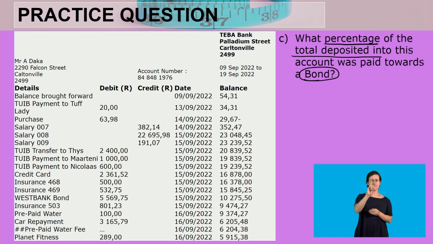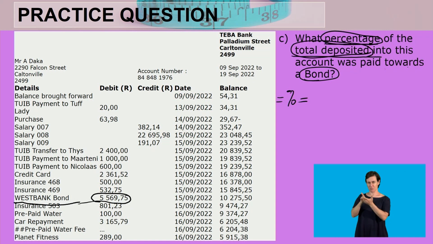So we can see on our statement, it says here West Bank bond. So it means they have paid 5,569 rand 75. So now they want us to determine the percentage. So the percentage will involve the total amount deposited as well as the amount paid towards the bond.